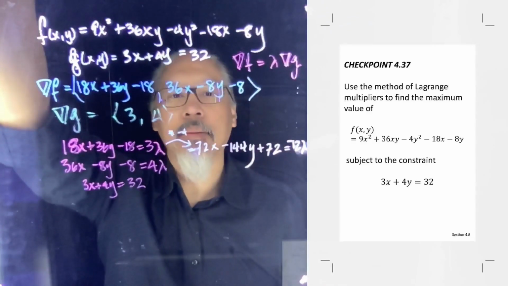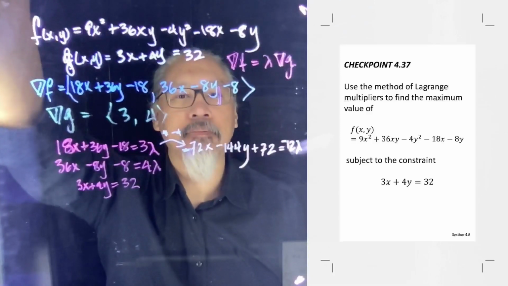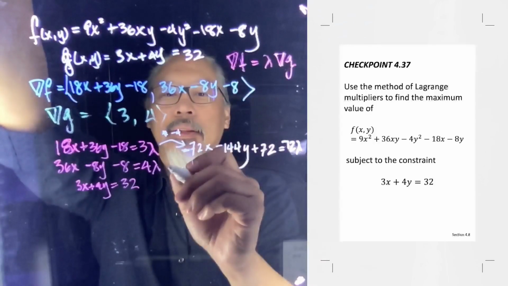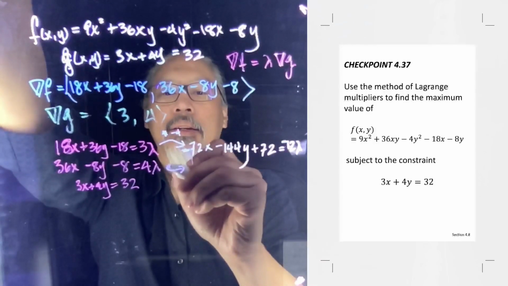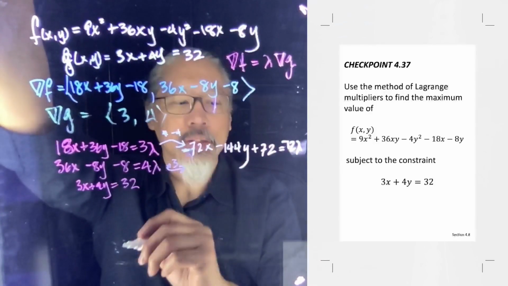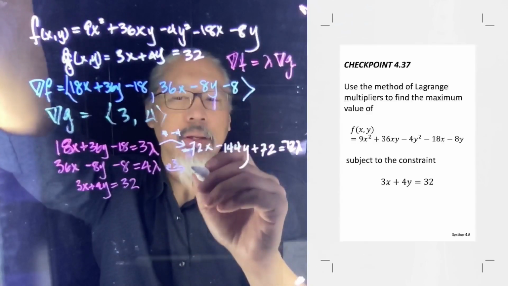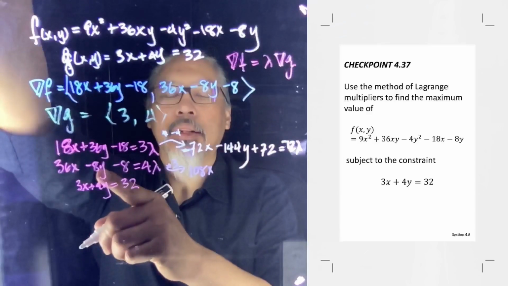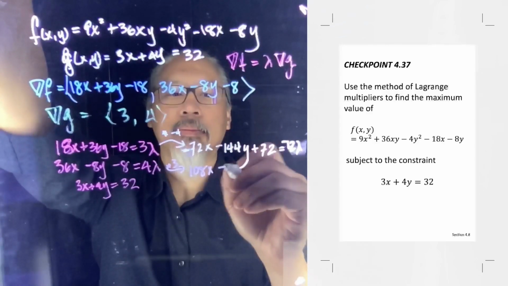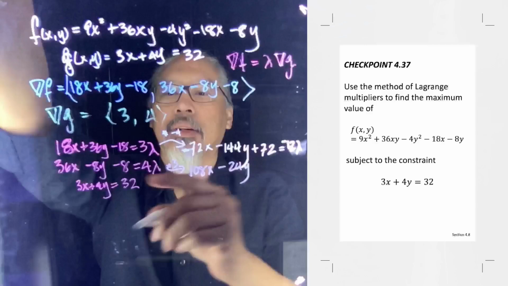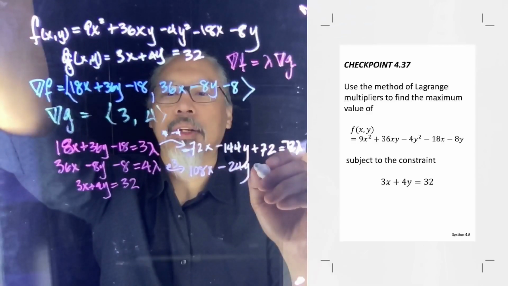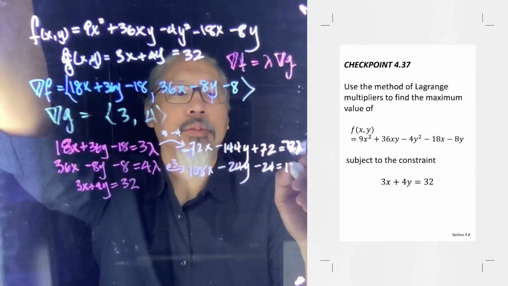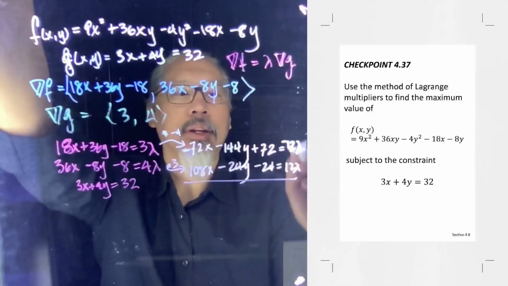So that 12 lambda will be our place where we're going to get the cancel. Now we're going to multiply this by positive 3. 3 and 36 is 108, and that stays positive. 3 and 8 is 24, negative, and 3 and 8 is 24 again. This will be negative, and this will be positive 12 lambda, and that's how we're going to get rid of the lambdas.